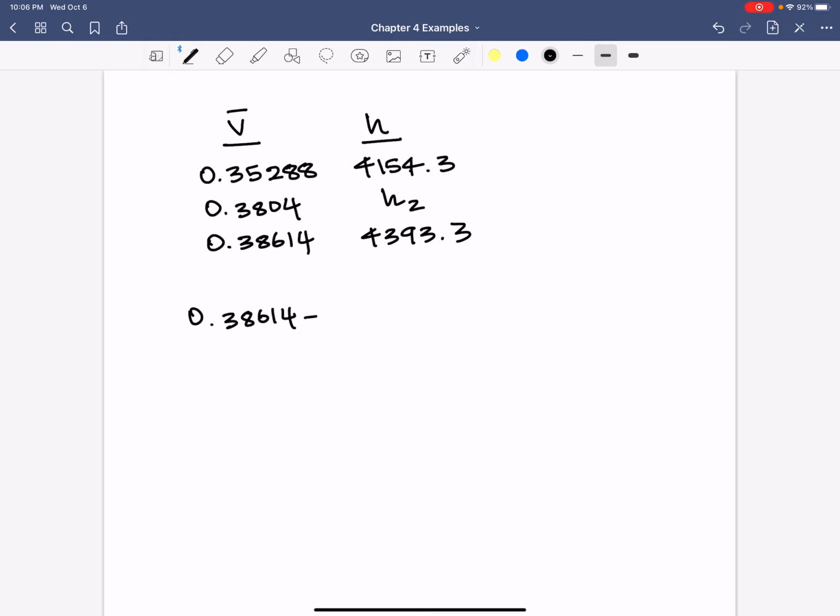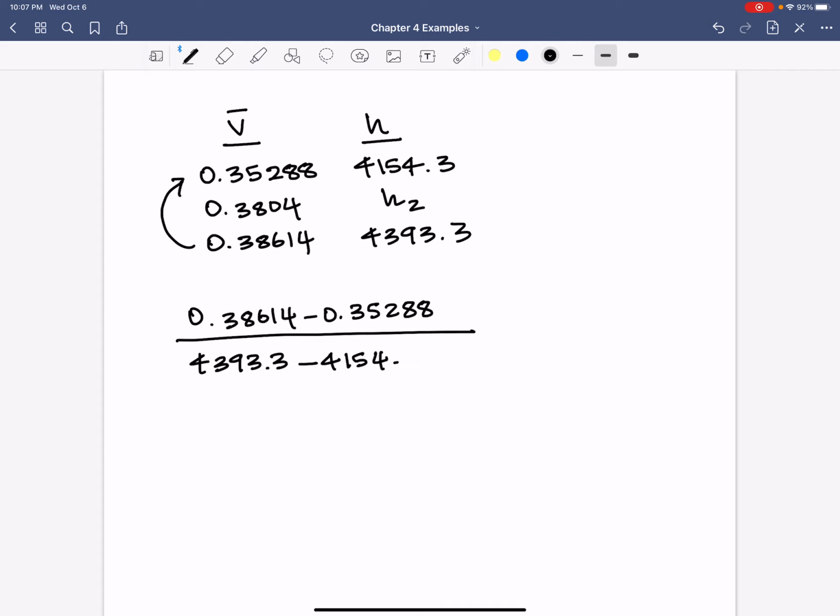0.38614 minus 0.35288 over 4,393.3 minus 4,154.3 is equal to this minus that, right? 0.38614 minus 0.3804 is equal to this minus that.